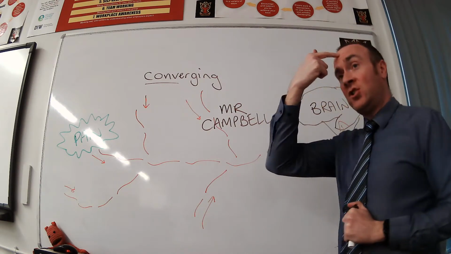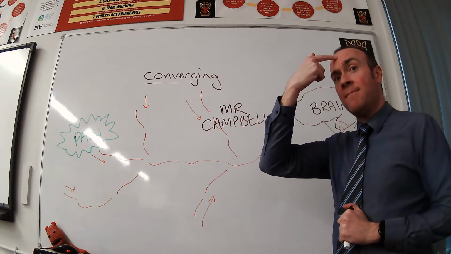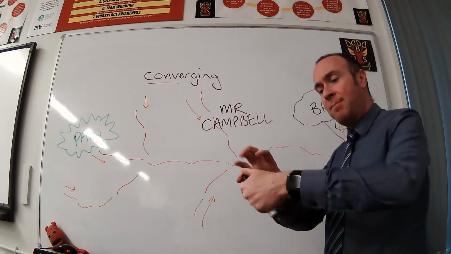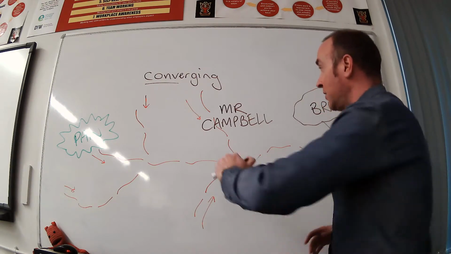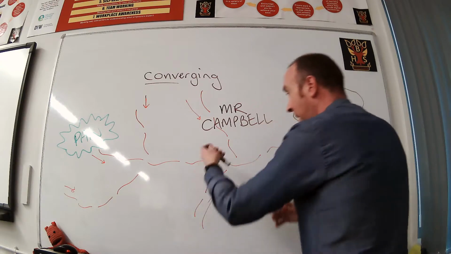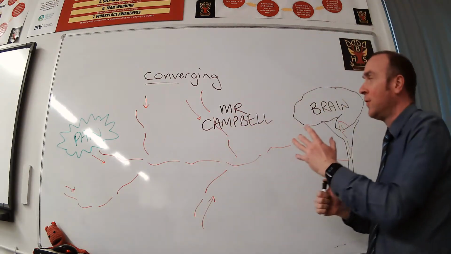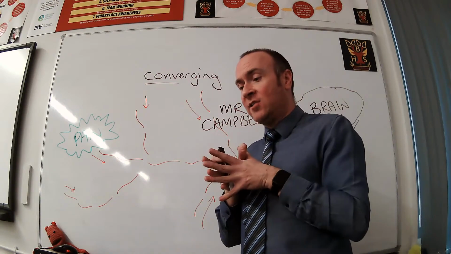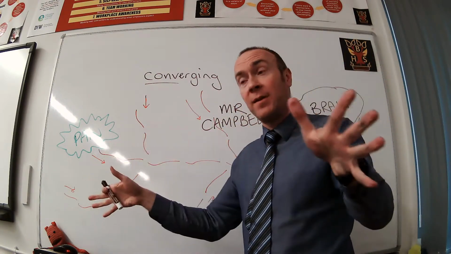Your brain's just sent one signal, write your name, but think about all the different muscles and parts of your arm and even the stance I had to take to get into the right position and to pick the pen up, and all the different things that were involved from the one signal from the brain. That has to go to several different places in the body.